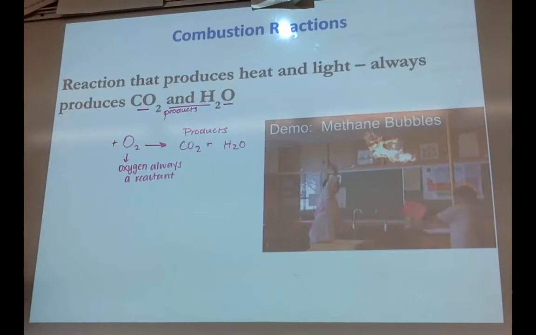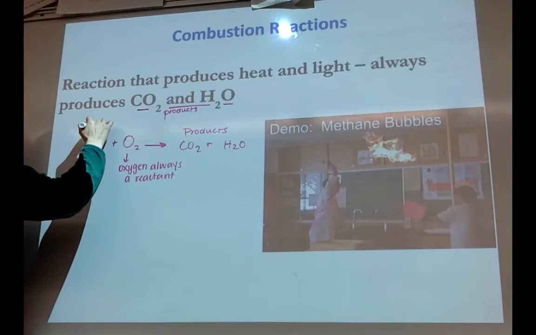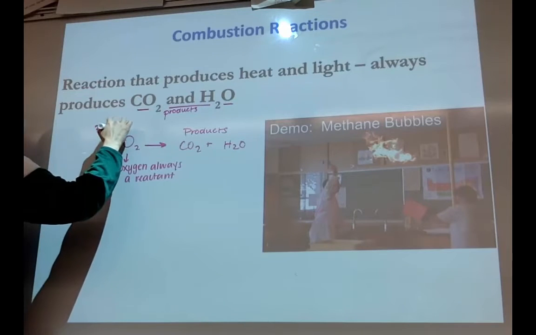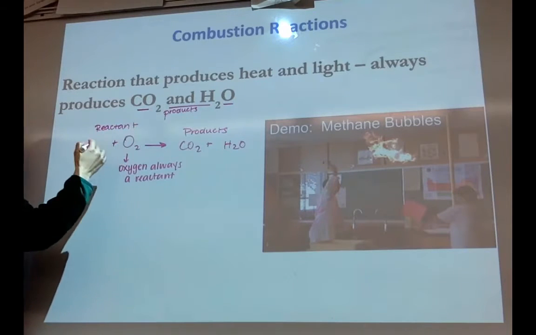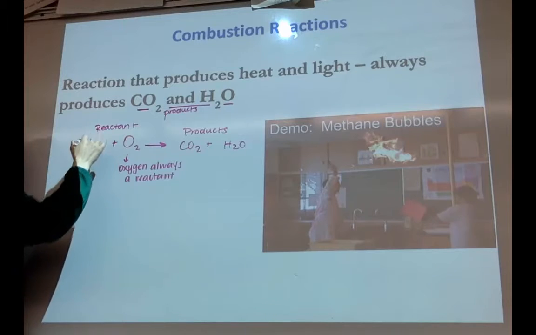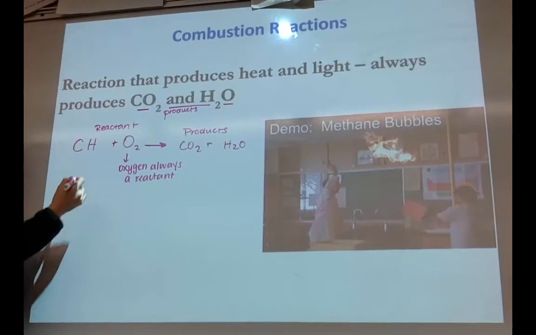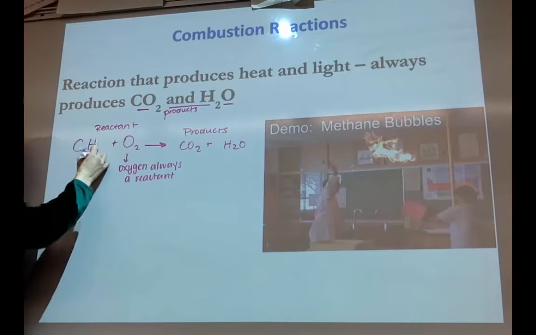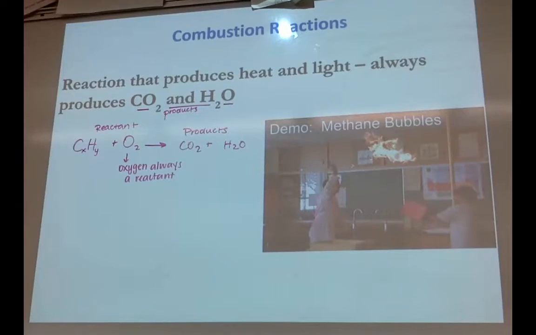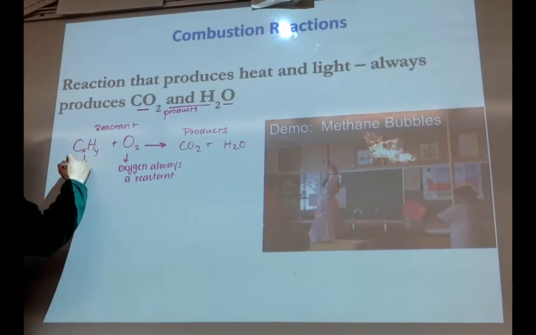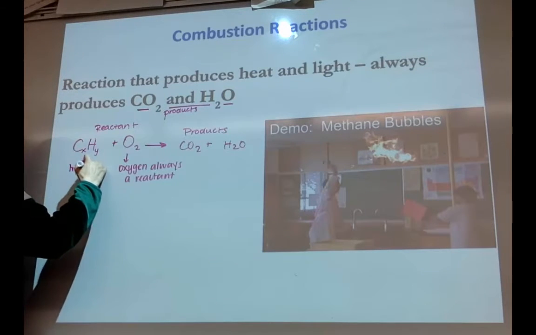Now the other reactant, because remember this side of the arrow is the reactants, is what we call a hydrocarbon. I'm going to put an X and a Y just to represent any subscripts. It could be a 1, it could be a 5, it could be a 10. But again, this is called a hydrocarbon.